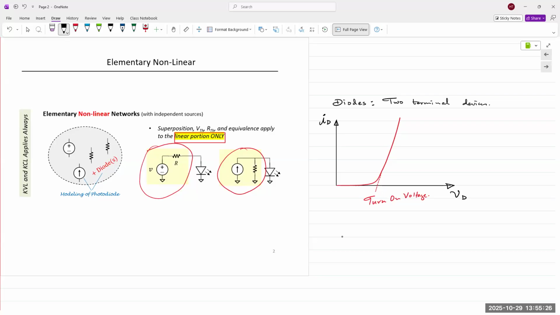If arrows are coming into the symbol of the diode, it means it's a photodiode, solar cell. And if arrows are coming out, then it's emitting light, right? So these are light emitting diodes, LEDs. Infrared LEDs are also light emitting diodes because they're emitting infrared light.